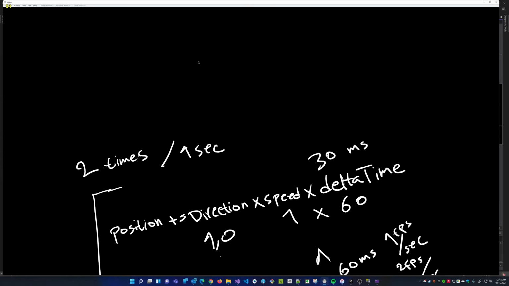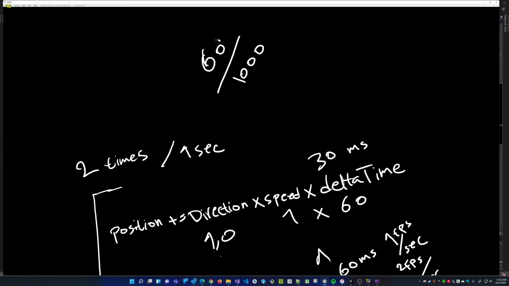Essentially, if I do 1000 over 1, this is 1000 milliseconds, which is 1 second. Sorry, my apologies. If I say that my frame rate is 60, right? 60 divided by 1000. The bottom part is how many milliseconds it is.